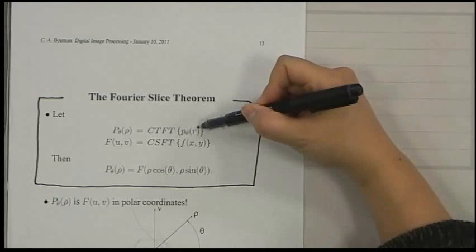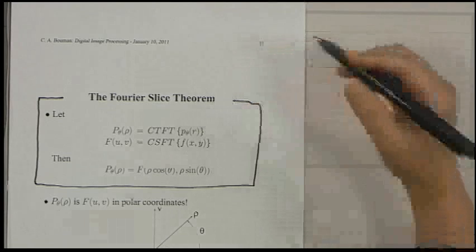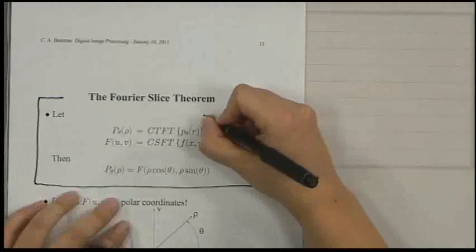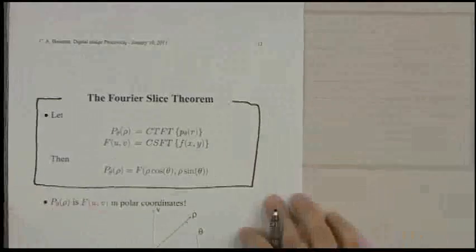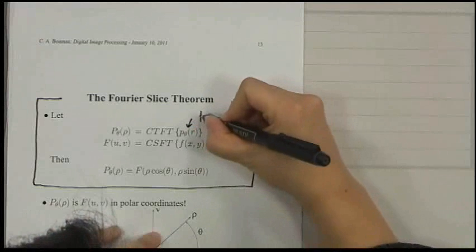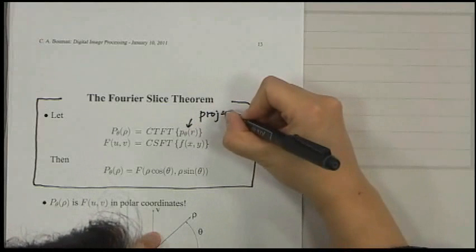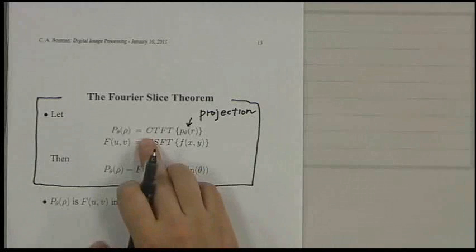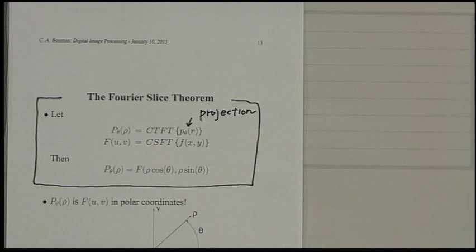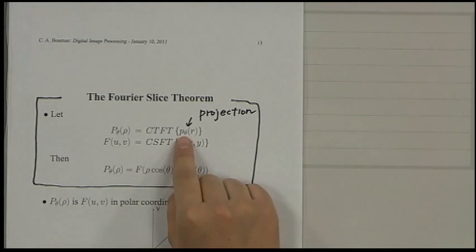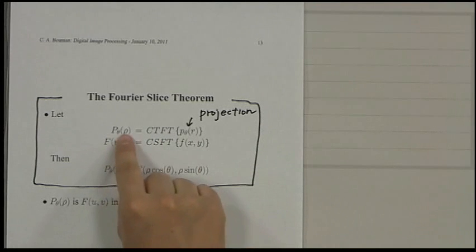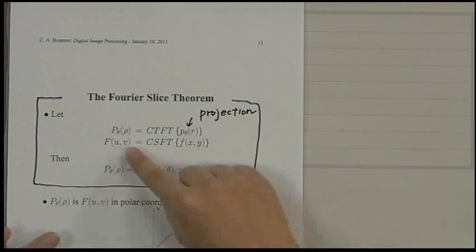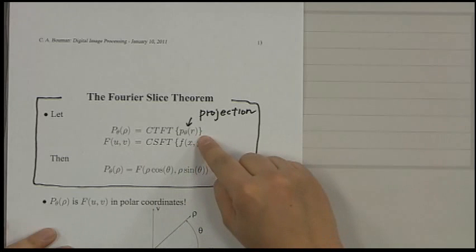First, this p(theta, r) is the projection we take on a line with angle theta. Then we define the CTFT, the continuous time Fourier transform of p, as capital P. And this is a 1D Fourier transform.